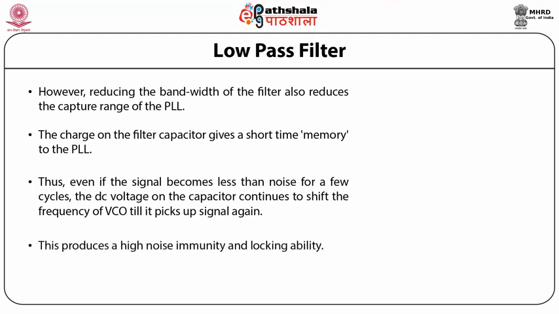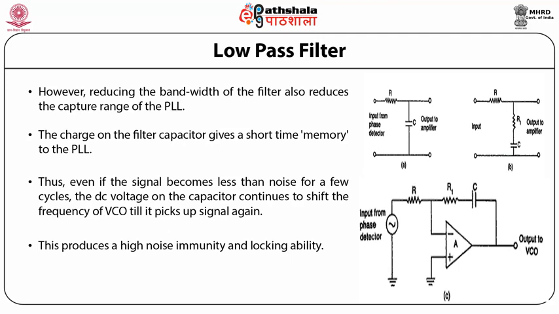This produces a high noise immunity and locking ability. So these two figures show the schematic of the low pass filter, and the second one shows a low pass filter using an op-amp. So students, let us summarize what we have learned in this module.